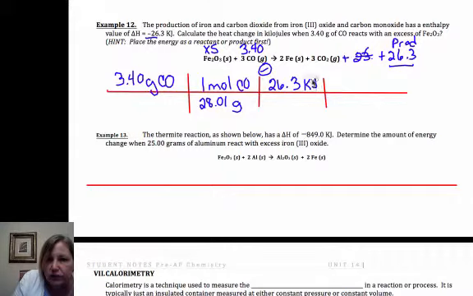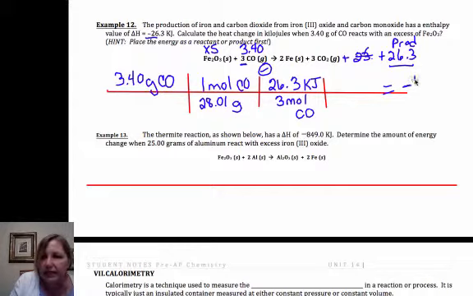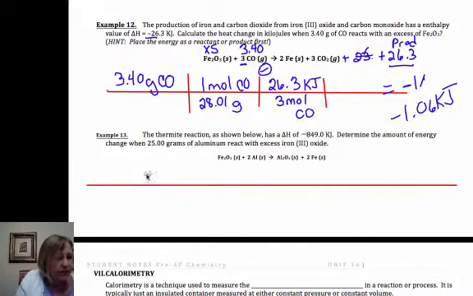And it's kilojoules per, look to your stoichiometry, 3 moles of CO. You should get minus 1.06 kilojoules.